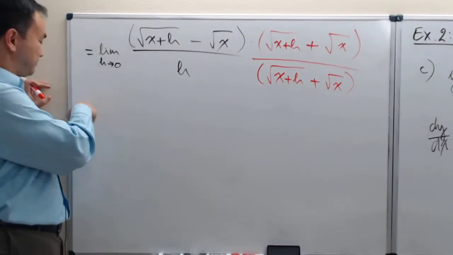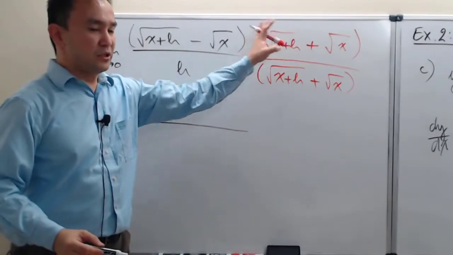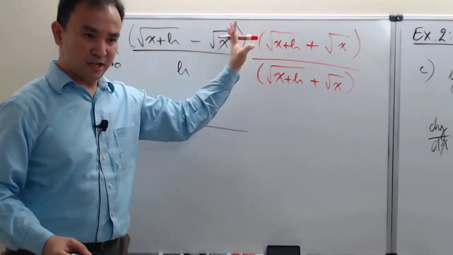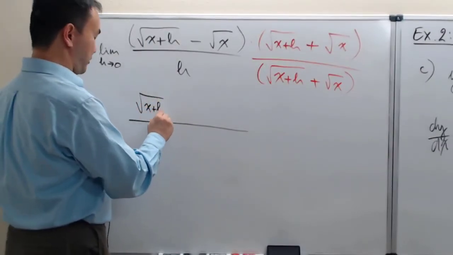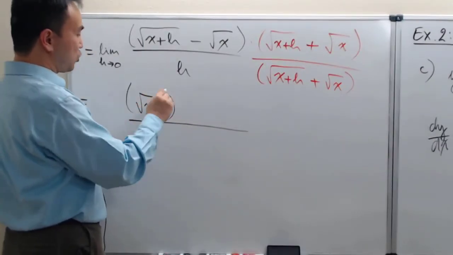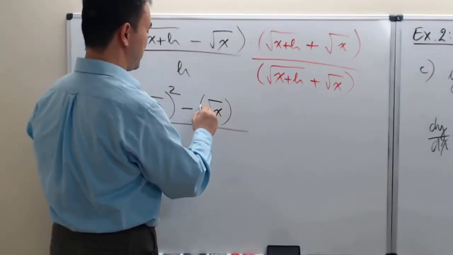And so now if we multiply the 2 factors in my numerator here, then we're ending up with square root of x plus h, keep the square root the same, but now we're going to square that term, minus square root of x, and all being squared.